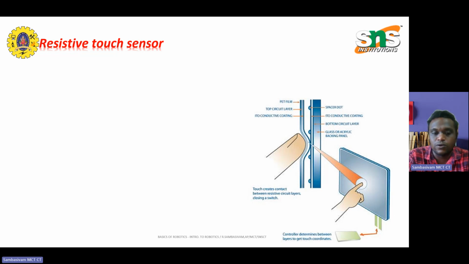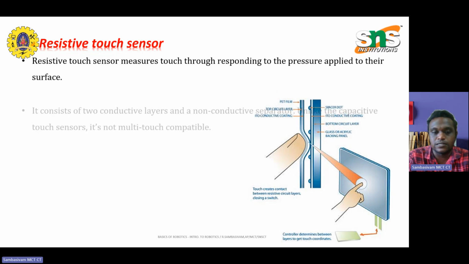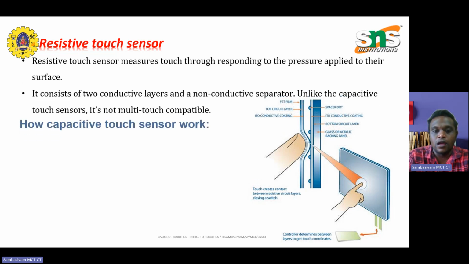While cost effective, versatile and durable, they can be responsive, but may offer reduced display clarity compared to capacitive sensors. So, as I said, the operation of resistive touch sensors depends upon the electrical resistance.